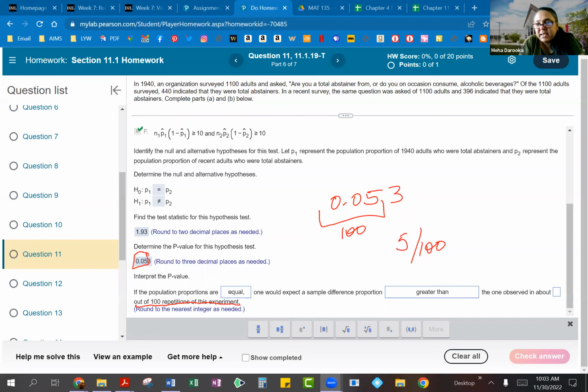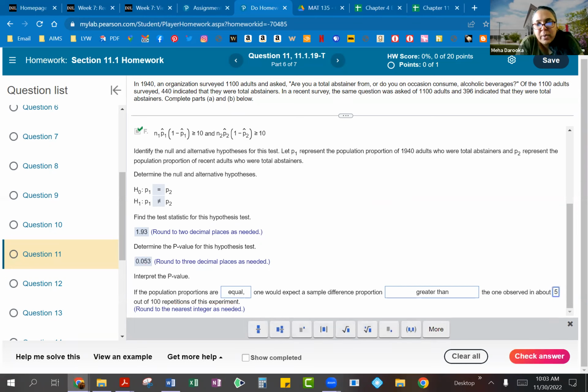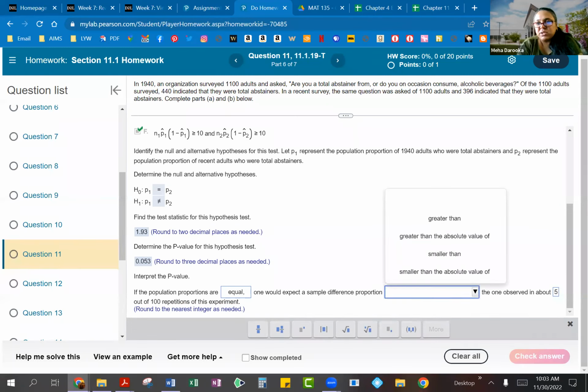So the question is, if your two population proportions are equal, and this is between the 1940 and the recent survey, would we expect our sample proportion to be greater than the absolute value of, or smaller than the absolute value of? So which one would you choose if you are observing 5 out of 100 repetitions of this experiment?